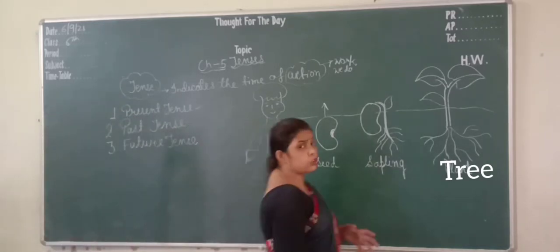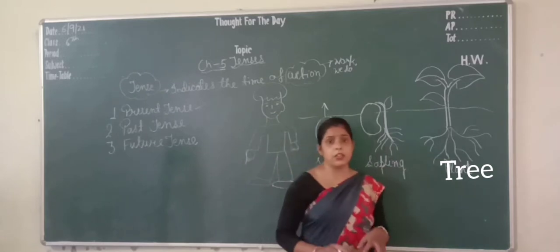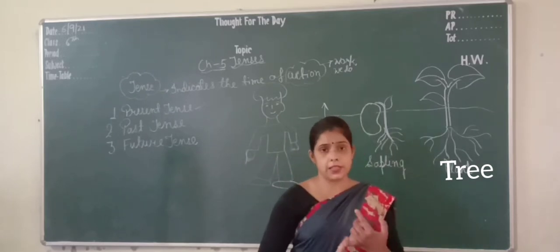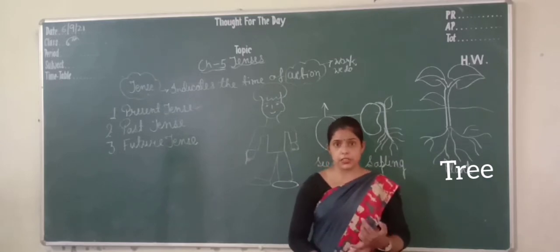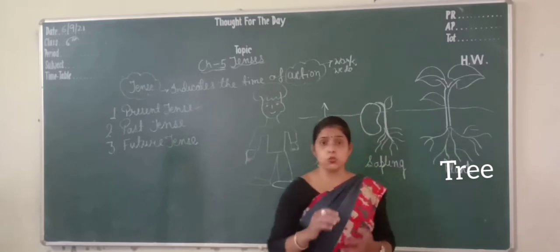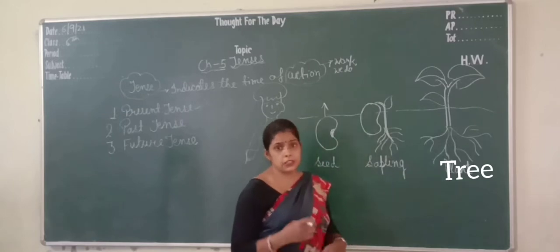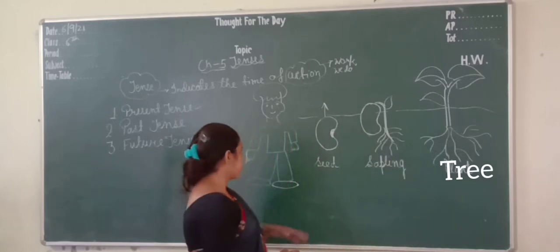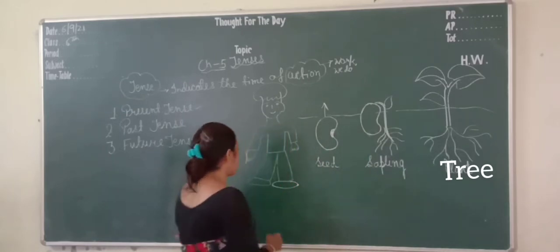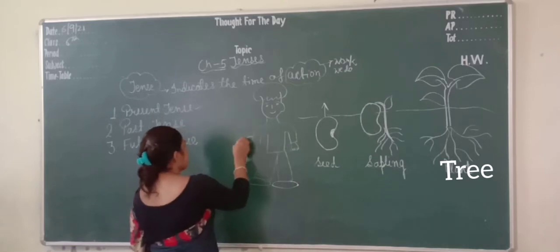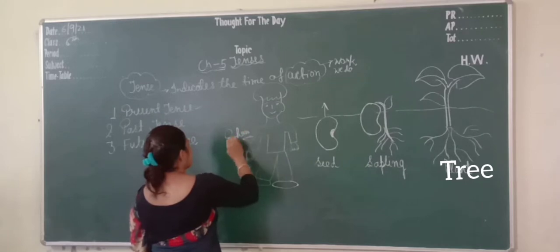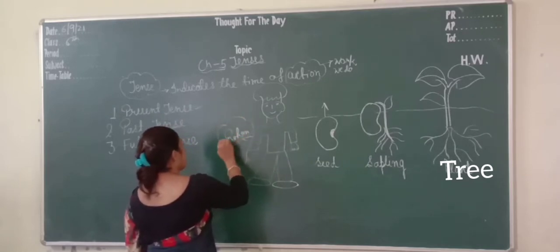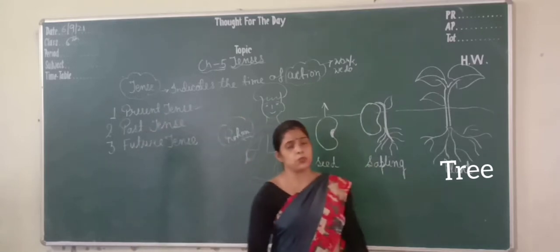So just go through the story. We will learn about present tense, past tense and future tense. This is Rohan. Rohan is very happy today.